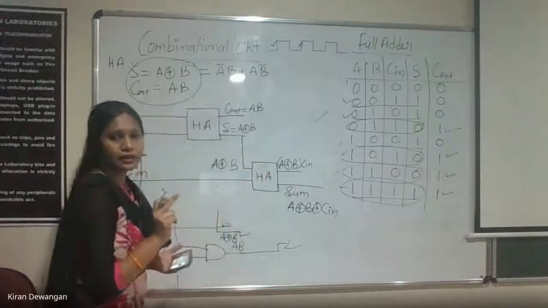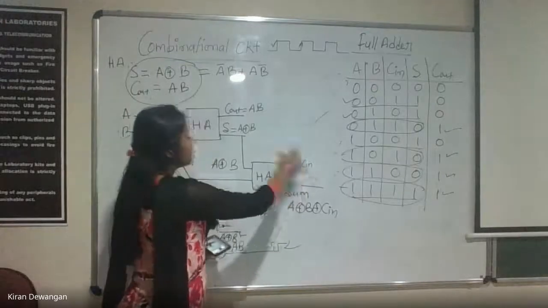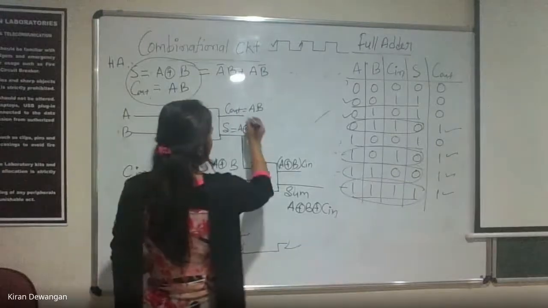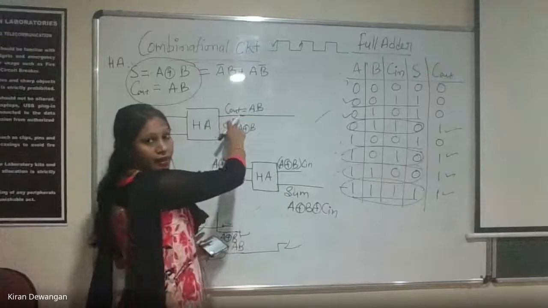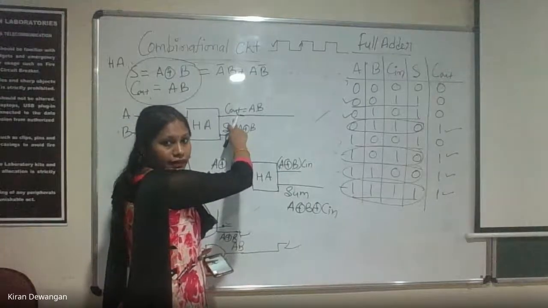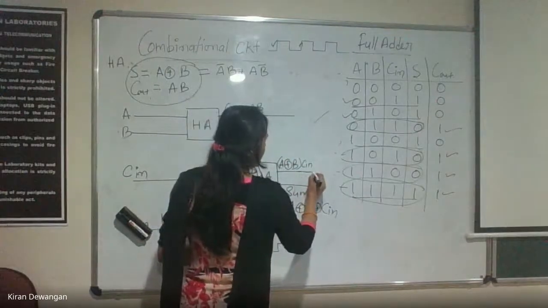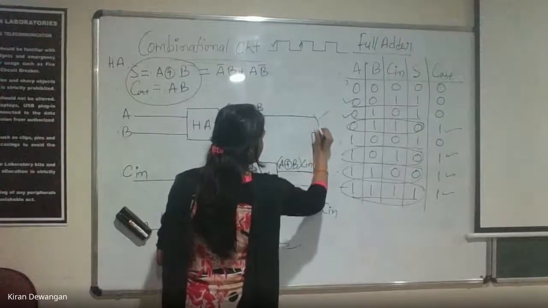What was that? It was (A XOR B)C in plus AB, यही था, ठीक है। AB is already here, so we'll take AB from here and we'll take (A XOR B)C in from here. What do I need to do?